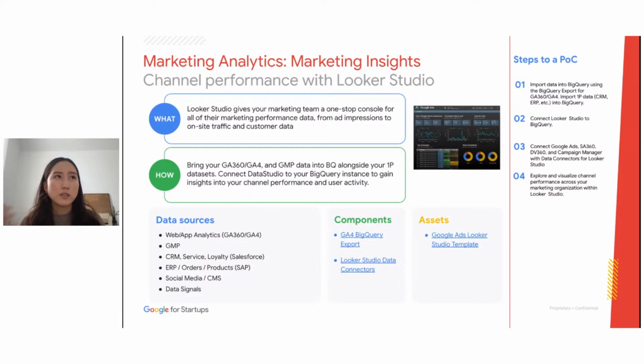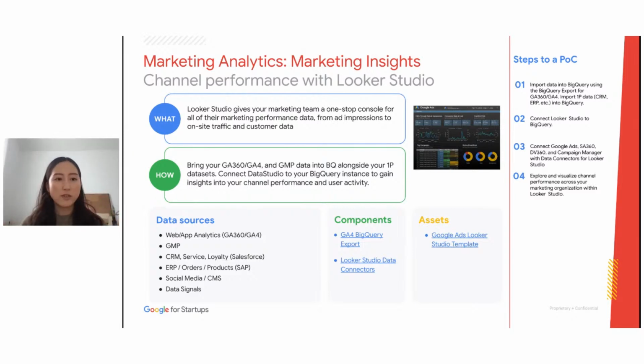So this has all to do with channel performance, and this can be achieved with Looker Studio. So Looker Studio, it's an awesome place to create dashboards and visualize your data. And what it can do is it can give your marketing team a one-stop console for all of your marketing performance data, everything from ad impressions to on-site traffic and customer data.